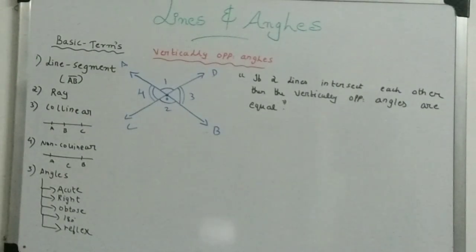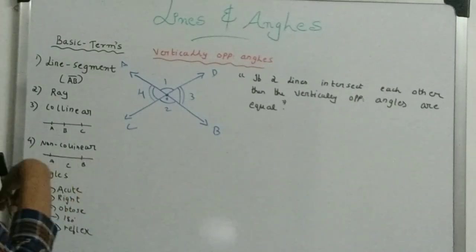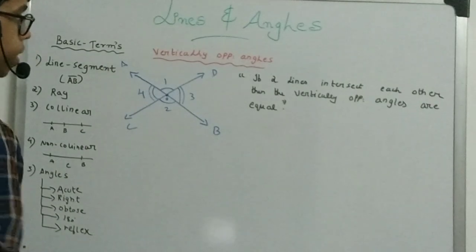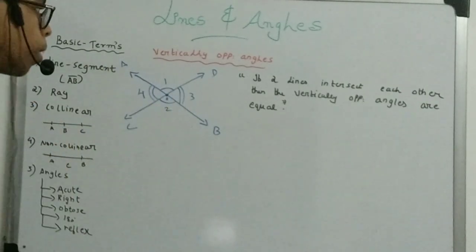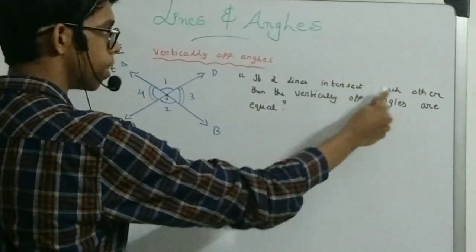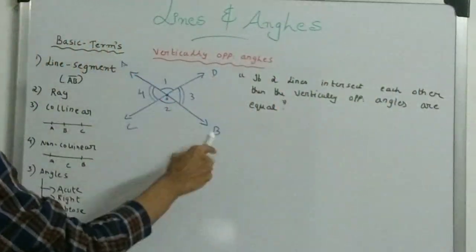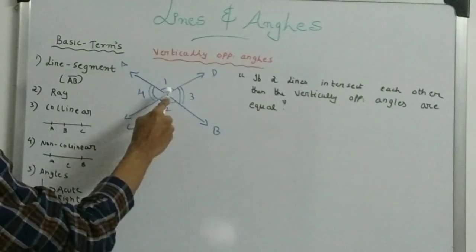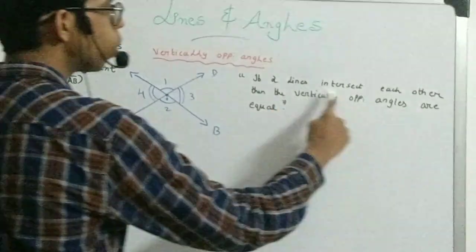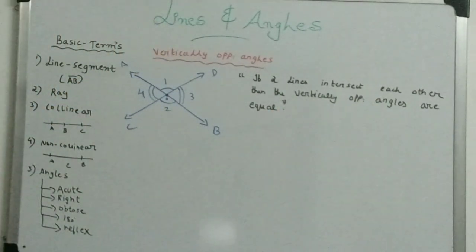Okay, so now let's move on to our next topic, vertically opposite angles. You learned vertically opposite angles in your 8th standard. So what are they? We have two lines which intersect at a common point O. According to the vertically opposite angle axiom, if two lines intersect each other, these two lines AB and CD intersect each other and meet at the common point O, then the vertically opposite angles are equal.